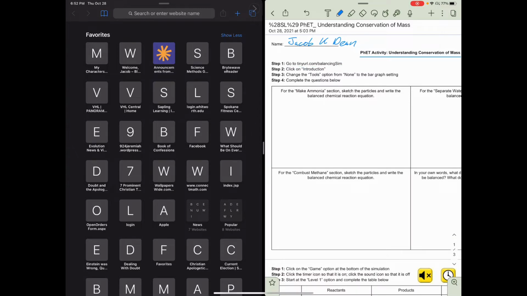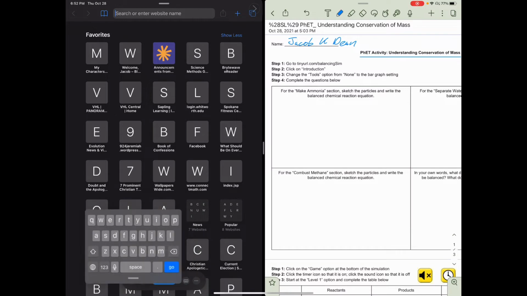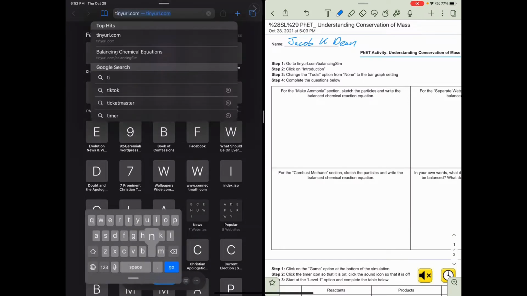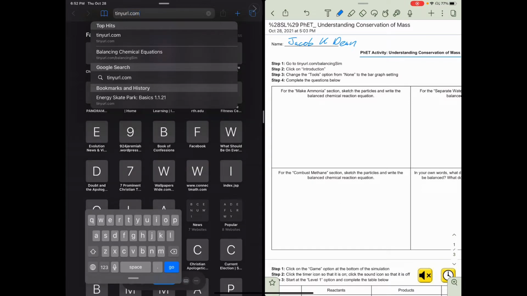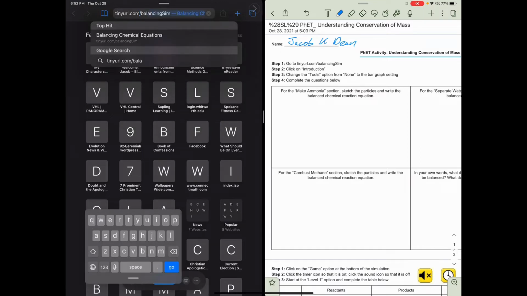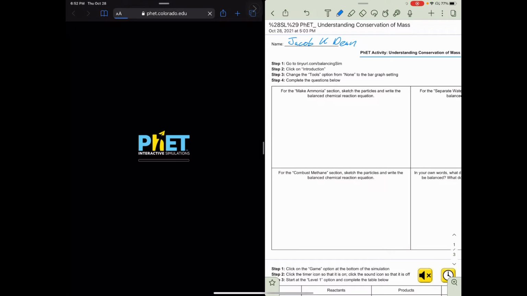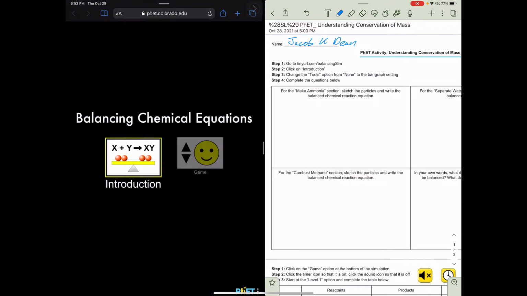So, keyboard, tinyurl.com/balancingsim. If you don't go to this right here, make sure that you reread through your URL.